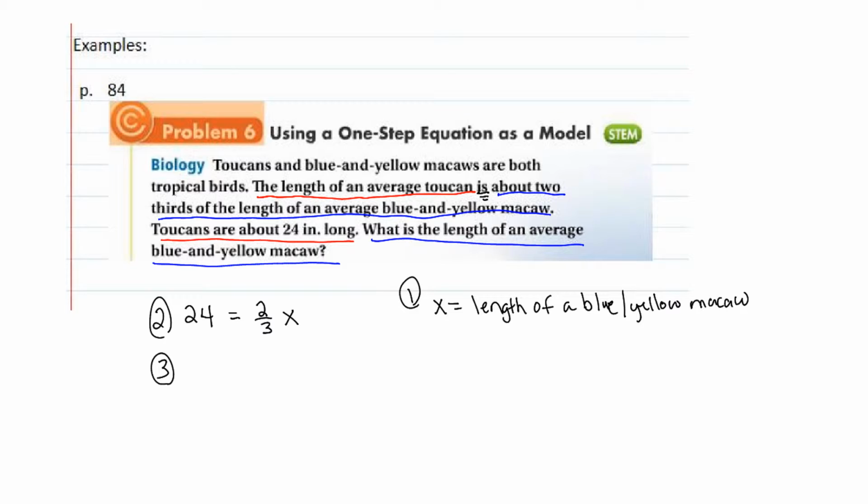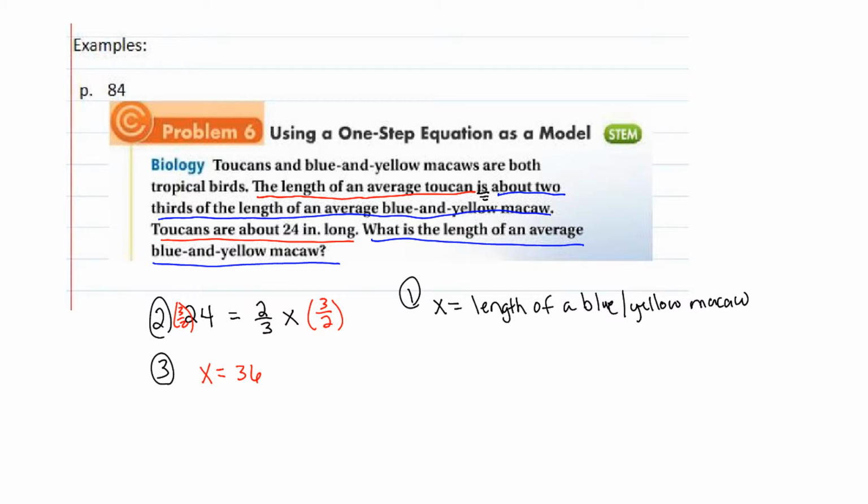So to solve this, I'm going to multiply both sides by the reciprocal of 2/3, which would be 3/2. And I get x equals 36.